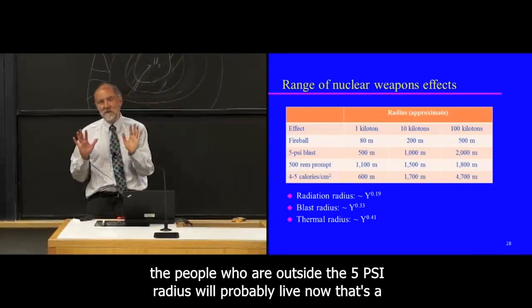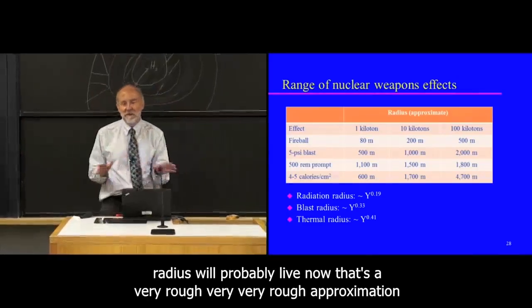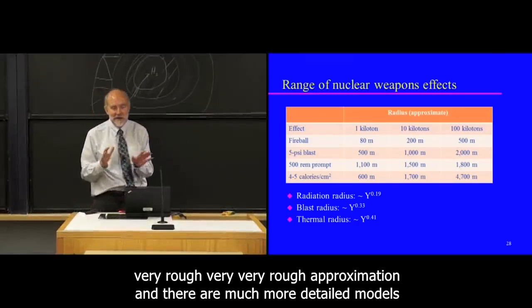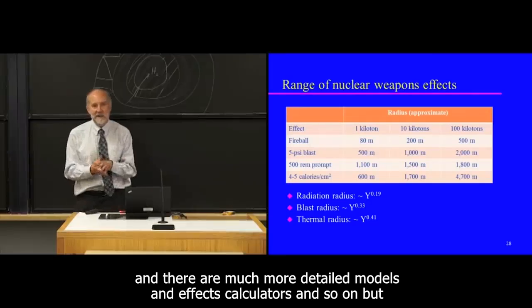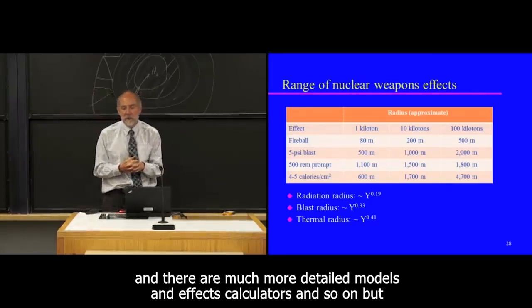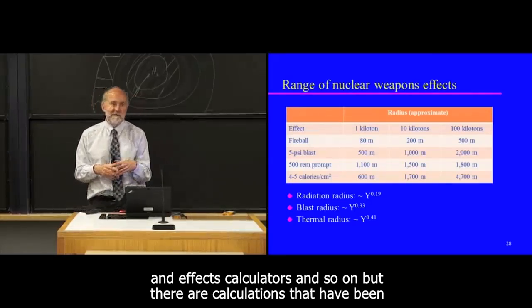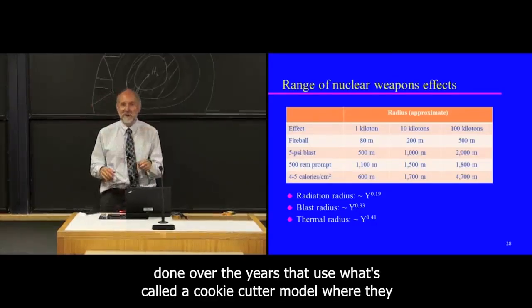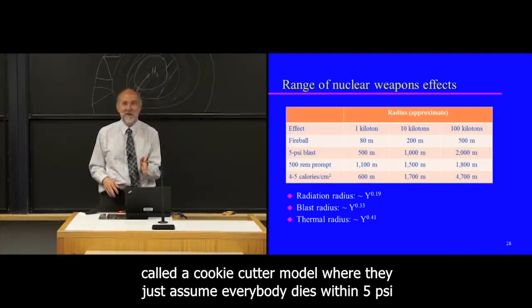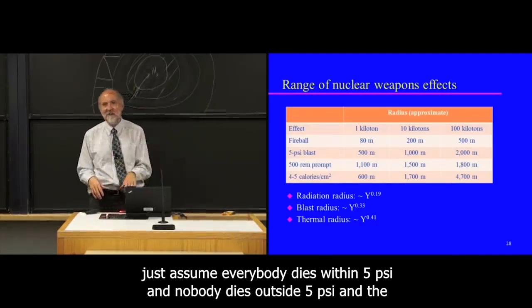Now, that's a very, very rough approximation, and there are much more detailed models and effects calculators and so on. But there are calculations that have been done over the years that use what's called a cookie cutter model, where they just assume everybody dies within 5 psi and nobody dies outside 5 psi.